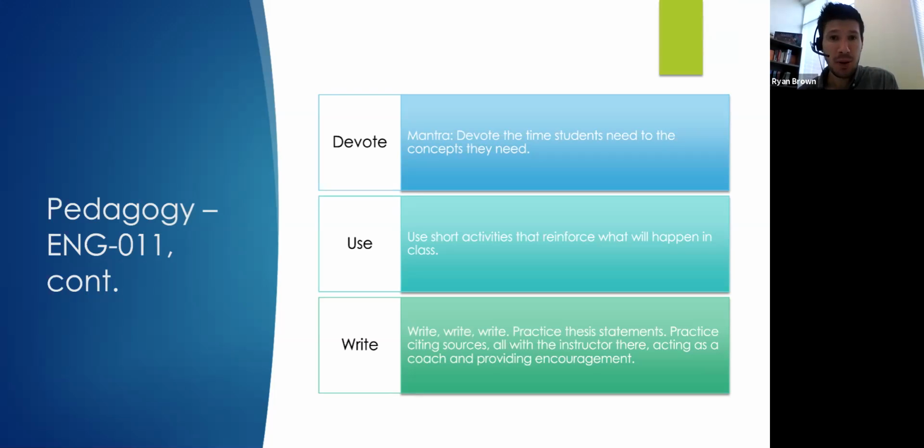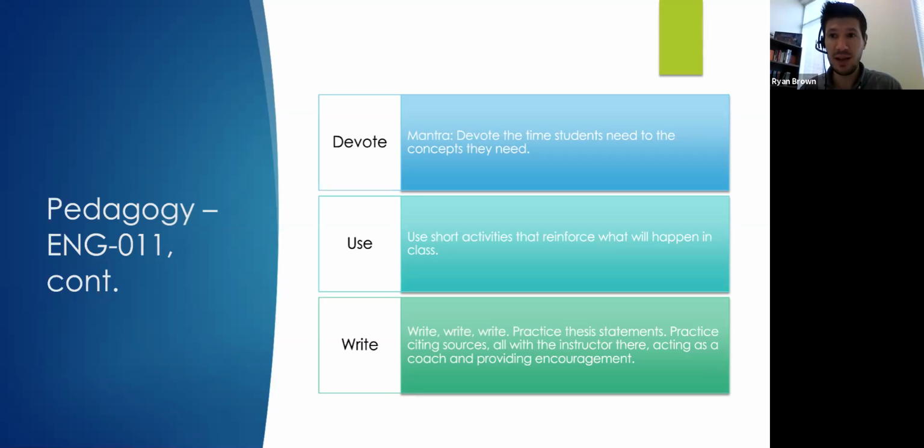We help students better understand these parts of the writing process with, again, short in-class exercises. There is no homework in English 011. Everything is done within the time period that we have with them. So we devote our in-class work to in-class exercises.